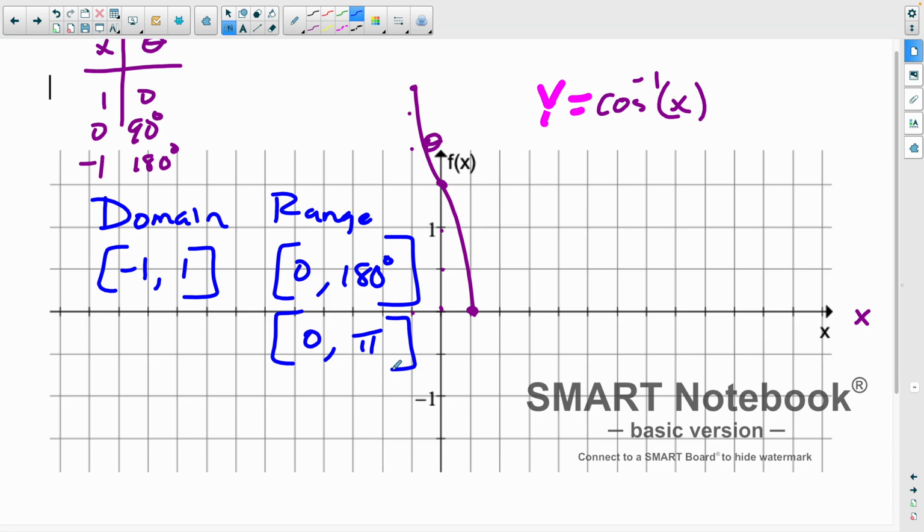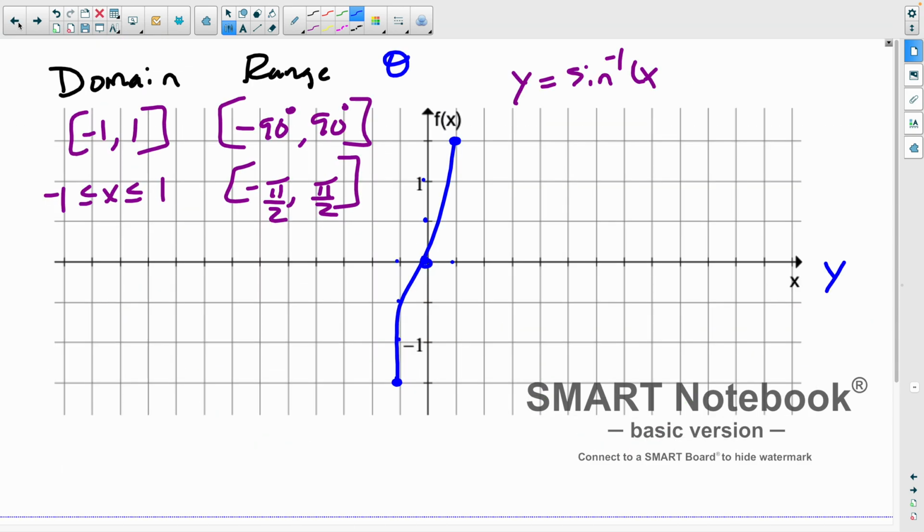Quick question. Which quadrant is this in? This range? First one? And second one, right? So this is graphed through the first quadrant and the second quadrant. That's 0 to 180. Where's this one?